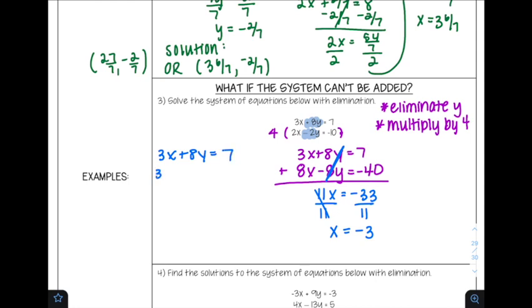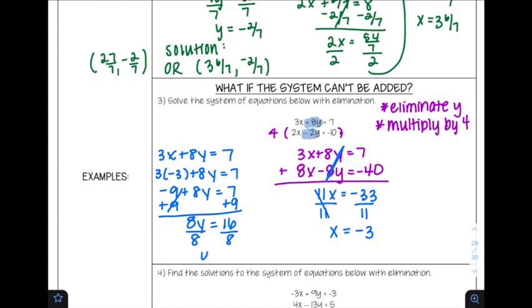I'm going to substitute it into here, and then I'm going to solve for my y value. So we get negative 9 plus 8y equals 7. Add 9, just following order of operations. We have 8y equals 16, dividing both sides by 8. Y we get as 2. So my solution for number 3 is going to be negative 3 comma 2.